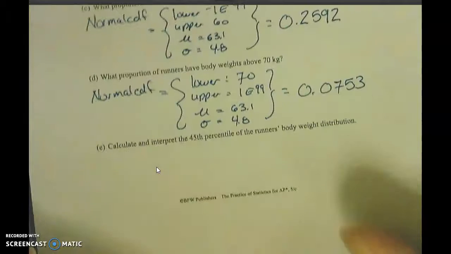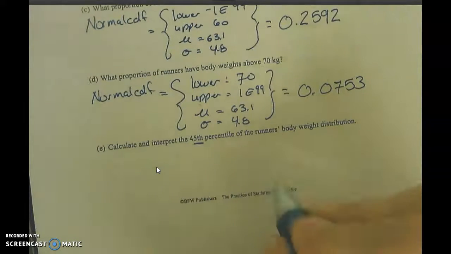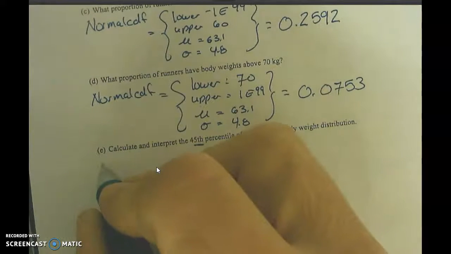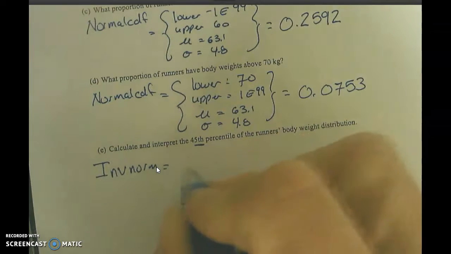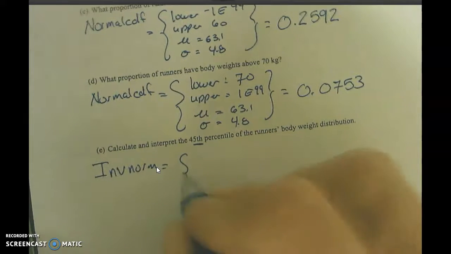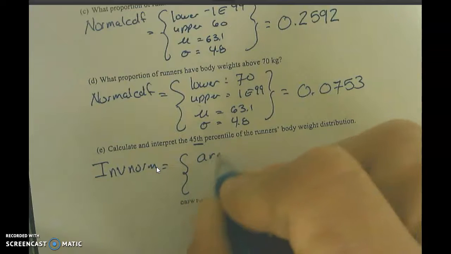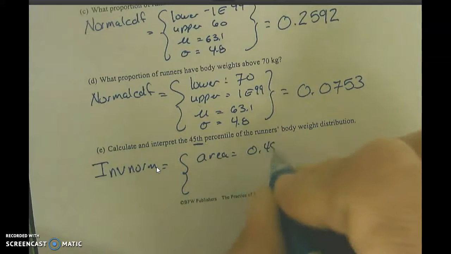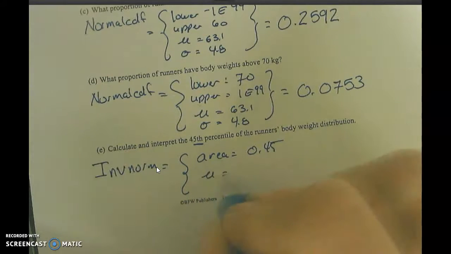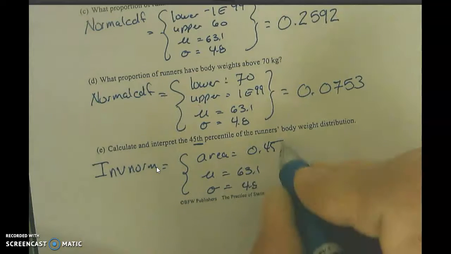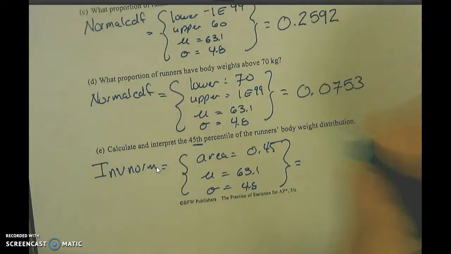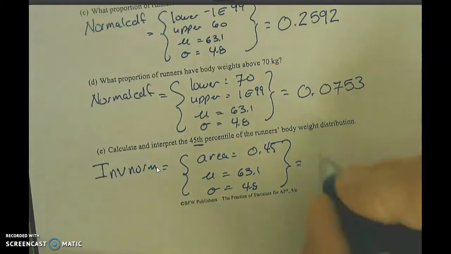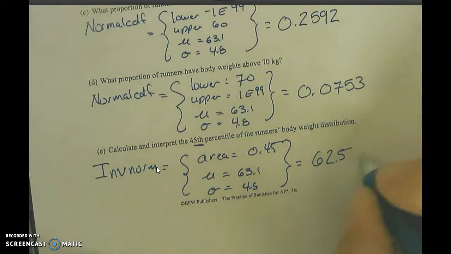Sweet. Now this time they gave us the percentile. So this time I'm going to go with my inverse norm. Okay. So area is equal to 0.45. Mean is 63.1. Standard deviation is 4.8. And I get 62.5 kilograms.